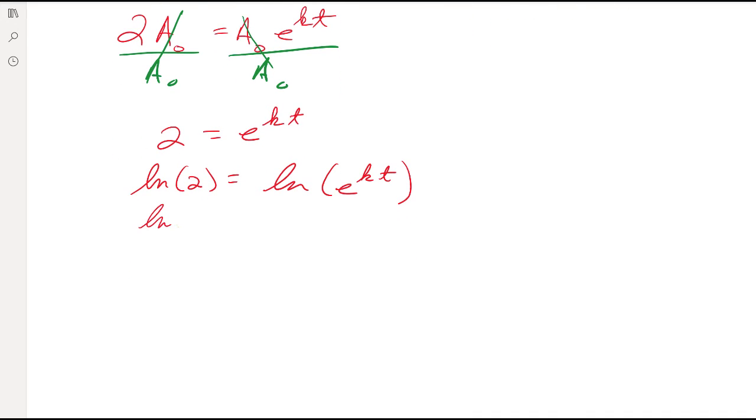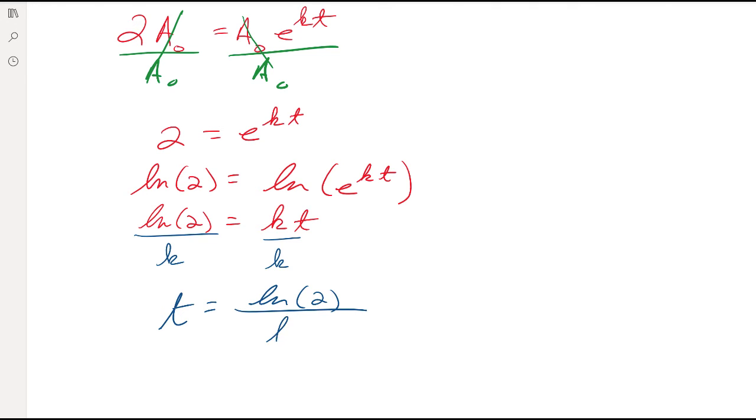On the left side, we have the natural log of 2. On the right side, from the previous rule we discussed, this reduces to just the power because the base of the natural log is e, same as the base of that exponential. So the right side becomes just kt. Divide both sides by k, and that is our formula for how we calculate the doubling time of an exponential growth model.